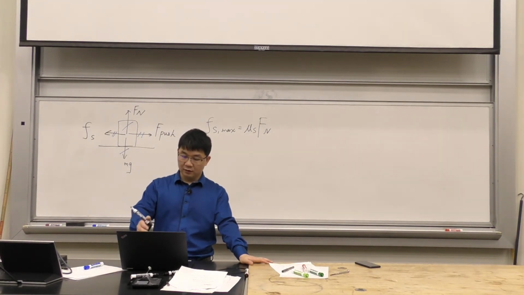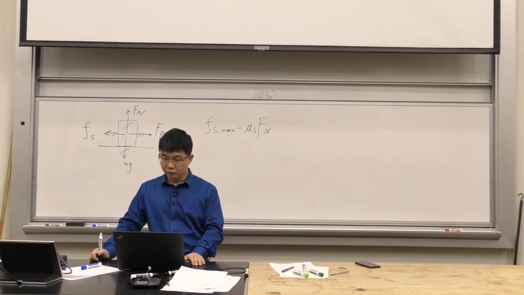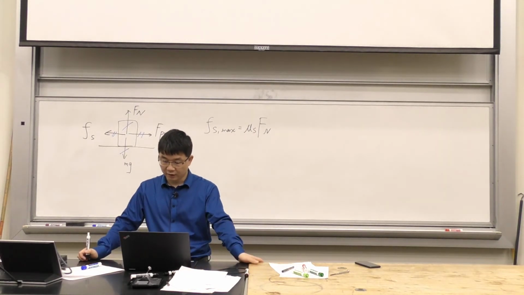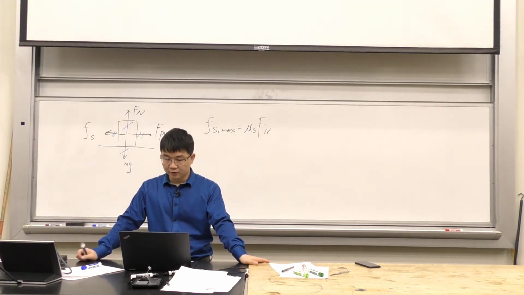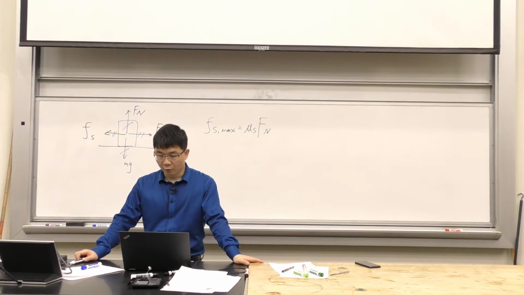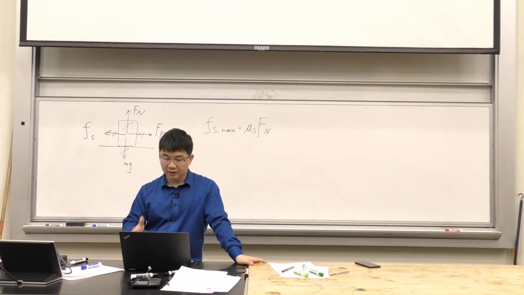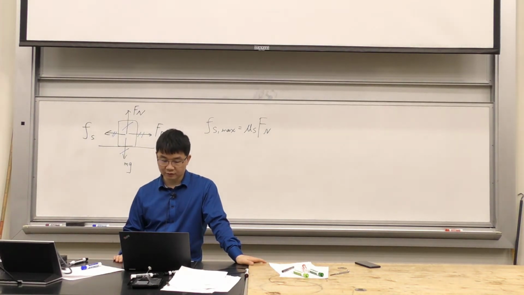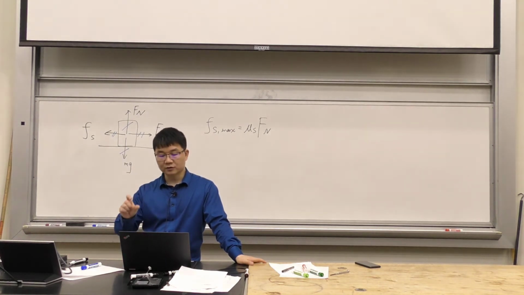And then in the next slide, I'm showing you a simulation of the static friction force and the kinetic friction force. You can see that when a force is applied to an object on a surface, and then you increase the external force trying to move this object, the static friction force is going to increase and increase until it reaches the maximum.